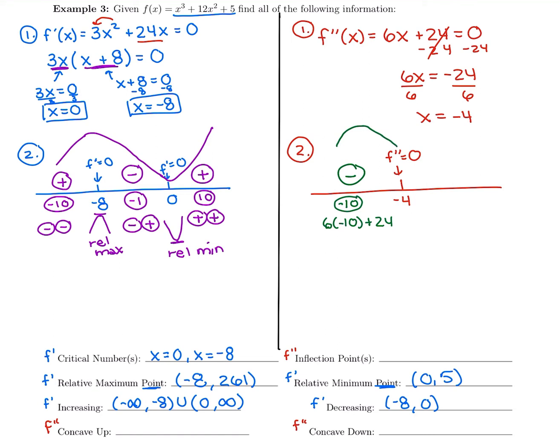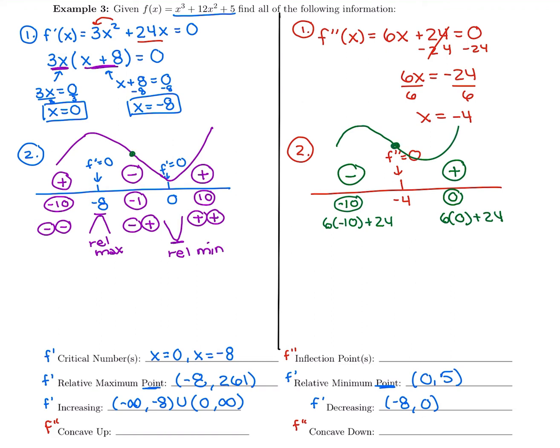It might continue to be concave down, might switch. Looking at this sketch, it looks like it's going to switch, but let's check by plugging in any random test value to the right of -4. I always like to plug in 0 when I can. So I'm going to do 6 times 0 plus 24, which is going to be 0 plus 24, which is positive.